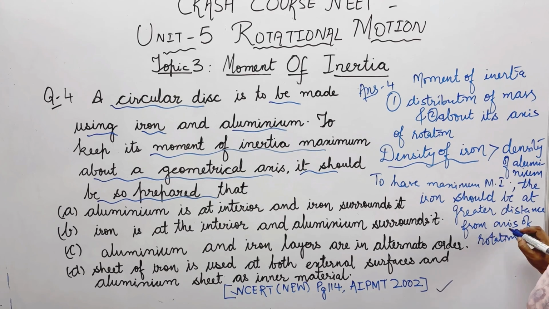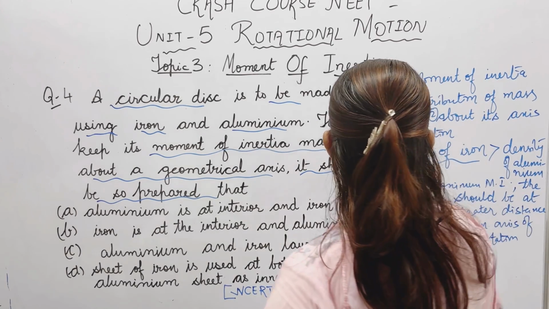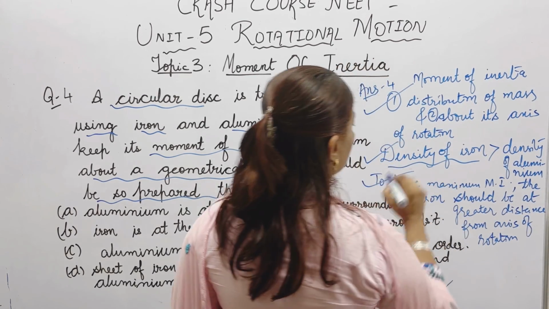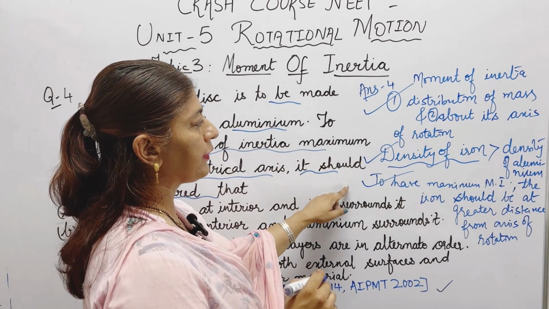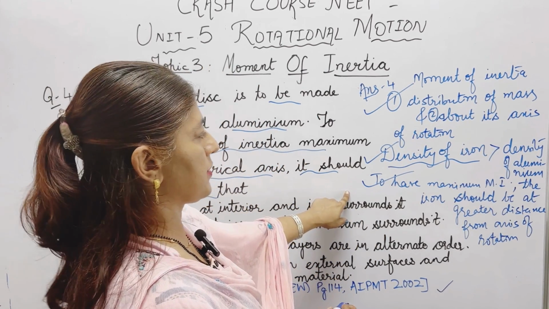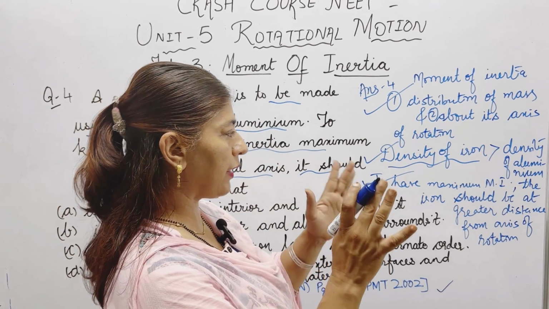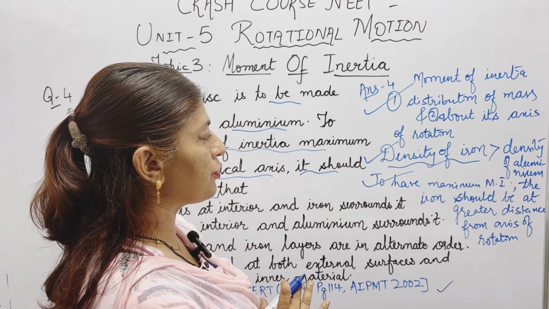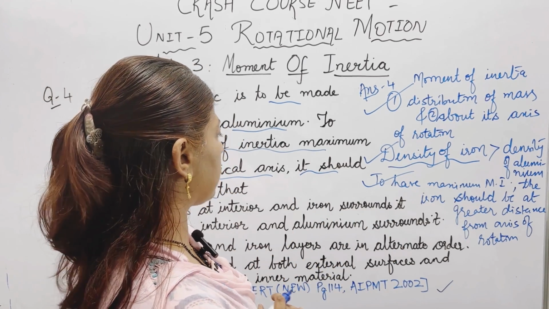So after taking these important concepts, we conclude that iron should be on the outer side and aluminium should be on the inner side.